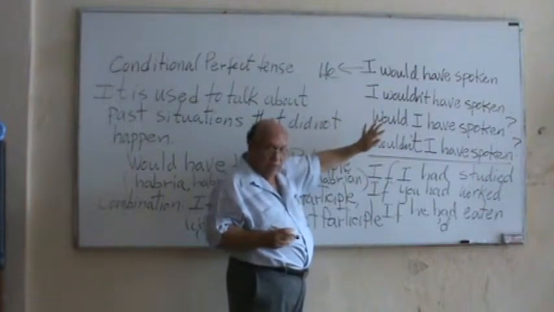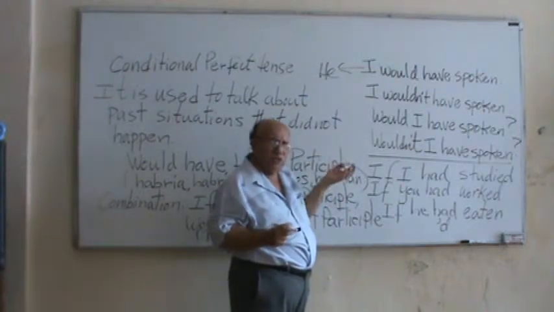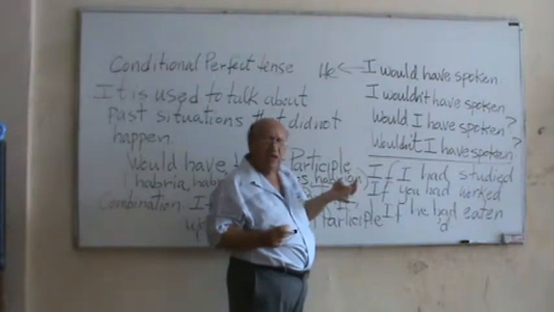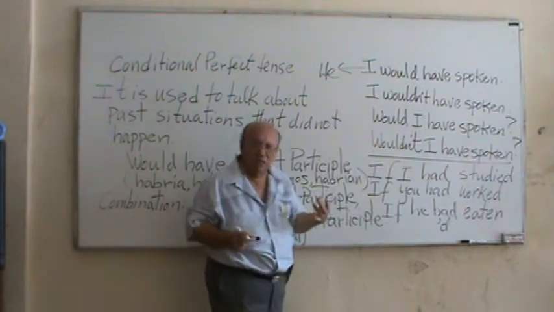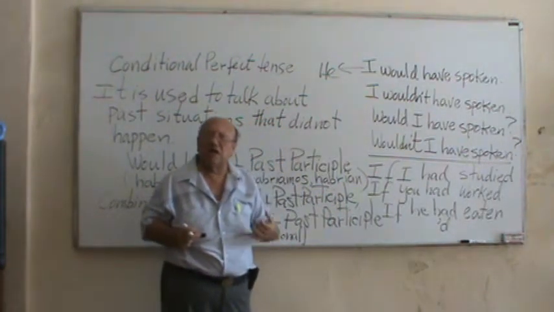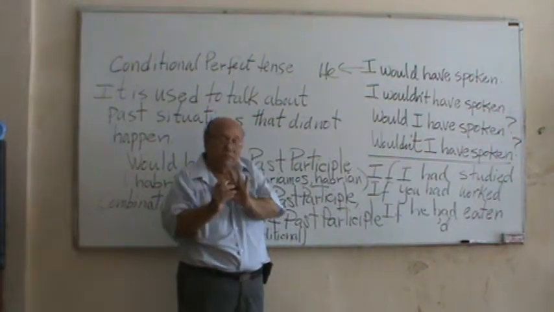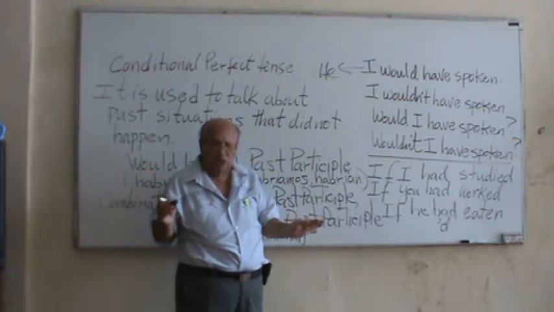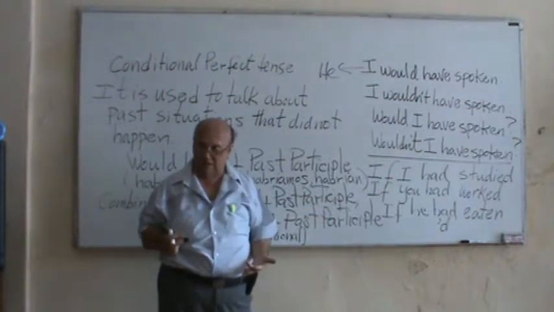No problem. There is not going to be any change. You can use I, you, he, she, it, we, you and they as a subject. And the combination would have does not change. You have to use it with confidence.